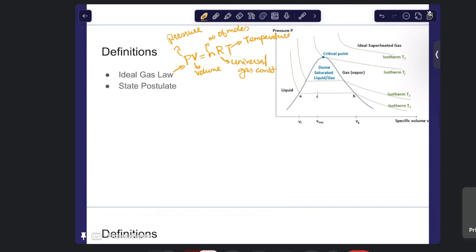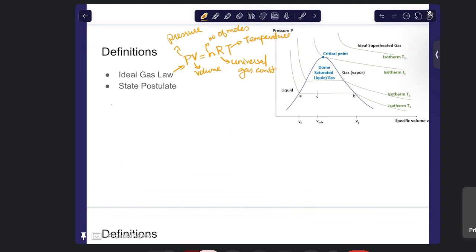That sort of takes us to the state postulate. So what is the state postulate? The state postulate says that if you have two intensive properties of a substance defined, then the state of the system is completely described.